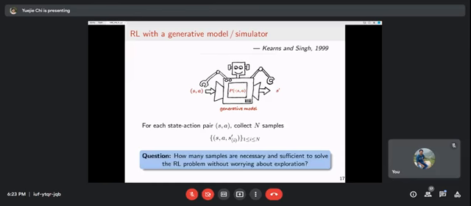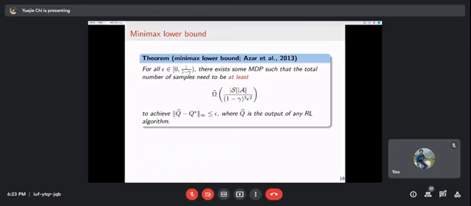This is still a challenging problem from a statistical point of view, to understand how many samples we need, both from a necessity point of view and from a sufficiency point of view, to solve the RL problem. From a necessary point of view, we know from a paper by Azar back in 2013 that if you want to reach entry-wise error at the level of epsilon for estimating the optimal Q function, you need at least a number of samples on the order of SA divided by (1 minus gamma) to the third order times epsilon squared.